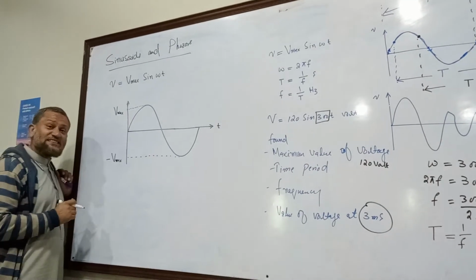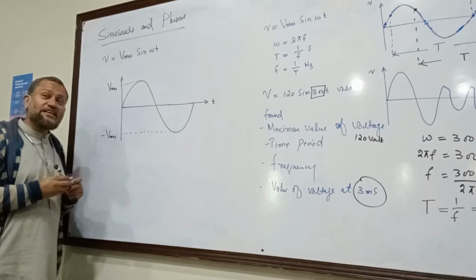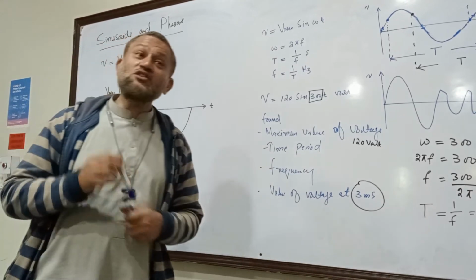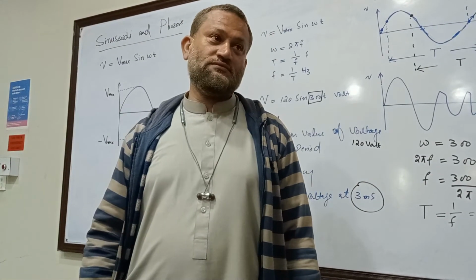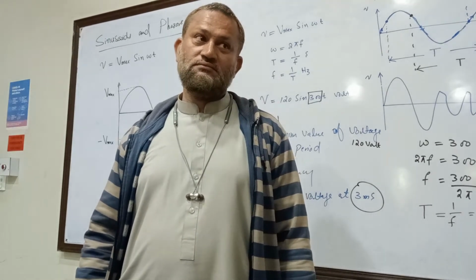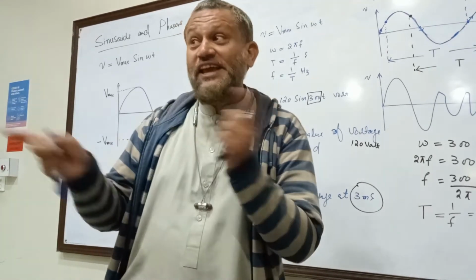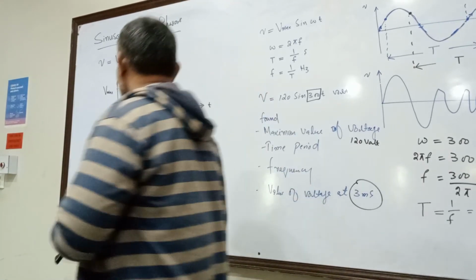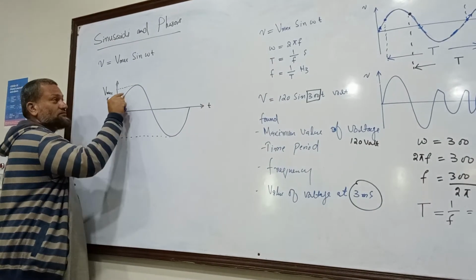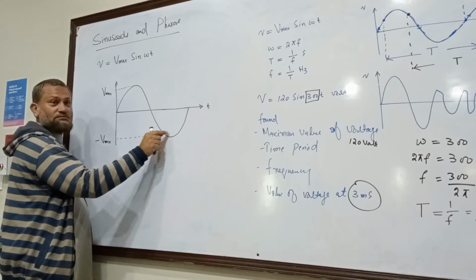So what is an instantaneous value? Instantaneous value is the value of voltage at any instant of the wave, because the voltage value is changing with respect to time.